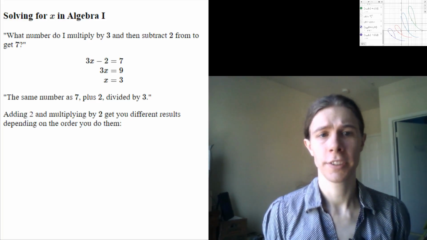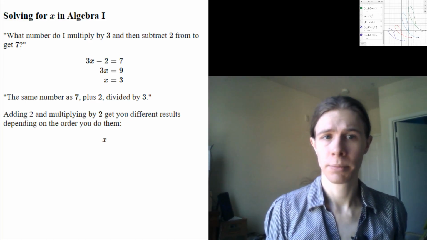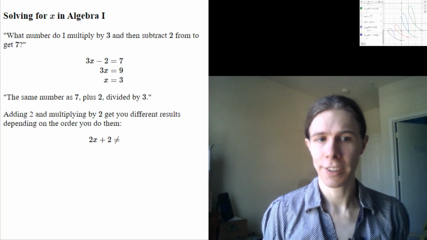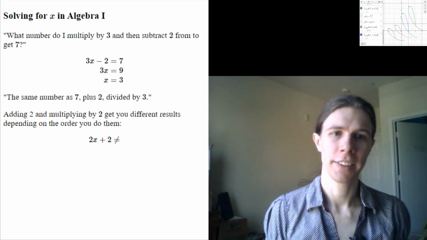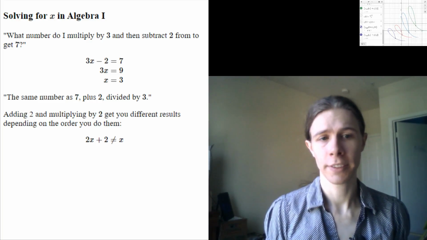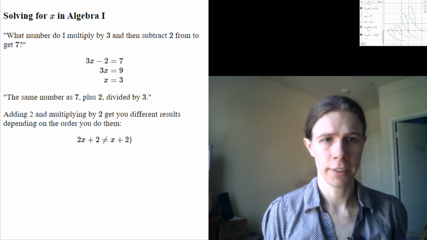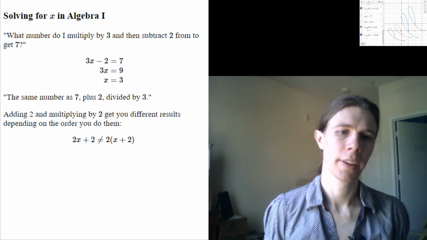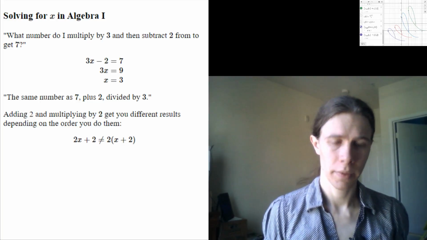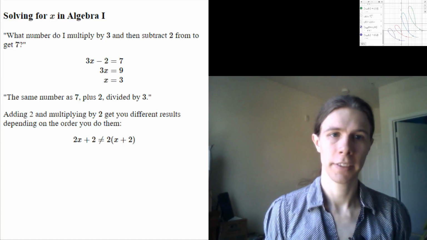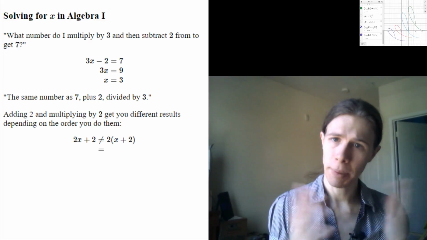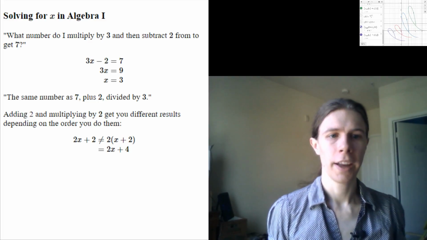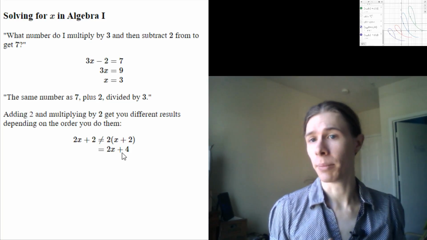So if you were to take x, double it, and then add 2, that won't get you the same thing as starting with x, adding 2, and then multiplying that by 2. If you were to do that and expand it out to just see what happens, you get 2x plus 4, and you can see that the end result is shifted up by.